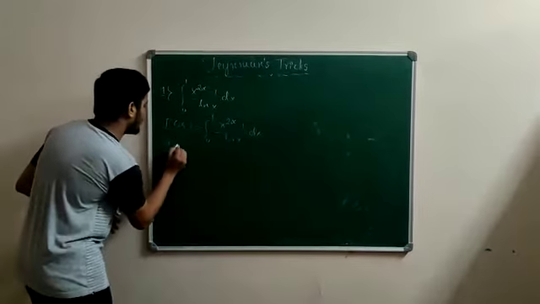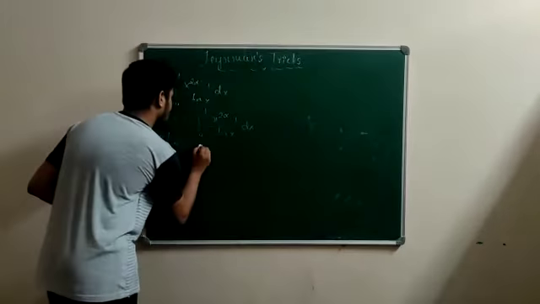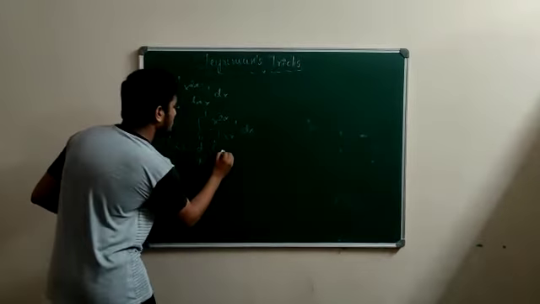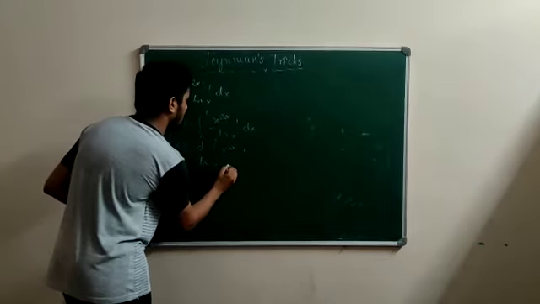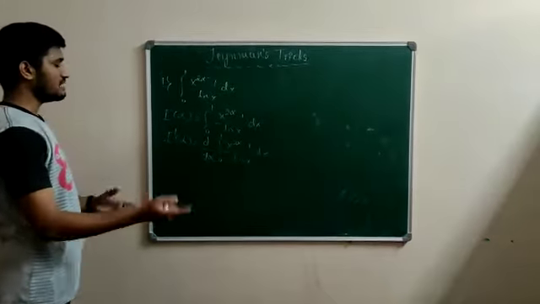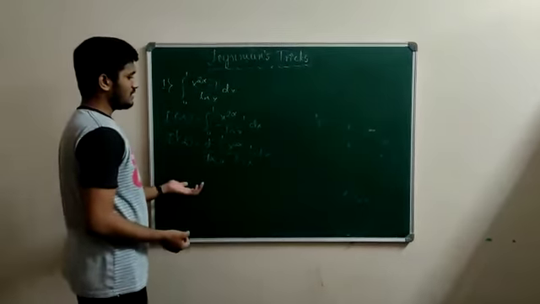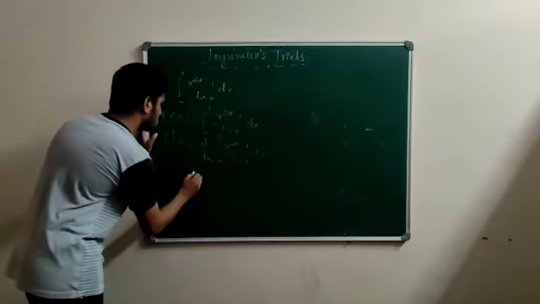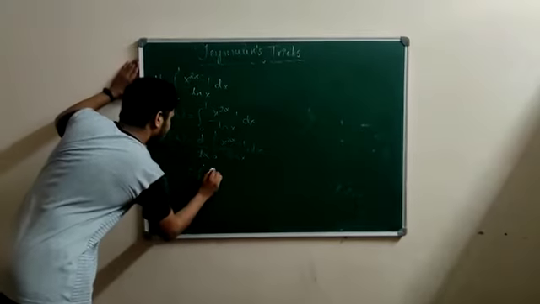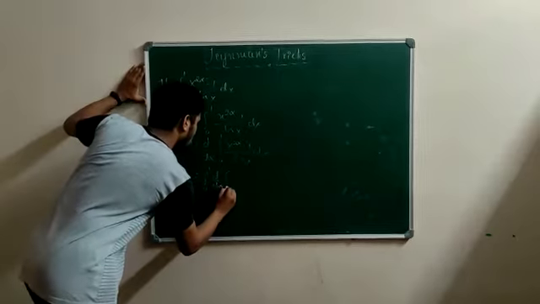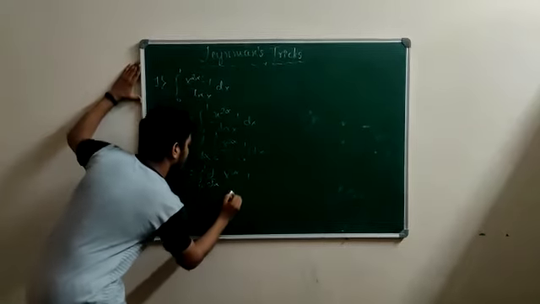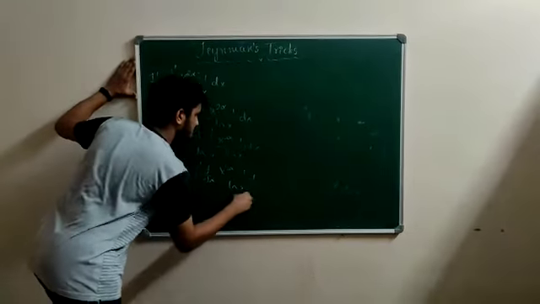So I dash of alpha becomes d by d alpha of the integral from 0 to 1 of (x to the power 2 alpha minus 1) divided by ln x dx. Since alpha and x are independent of each other, I will pull the derivative inside the integral.